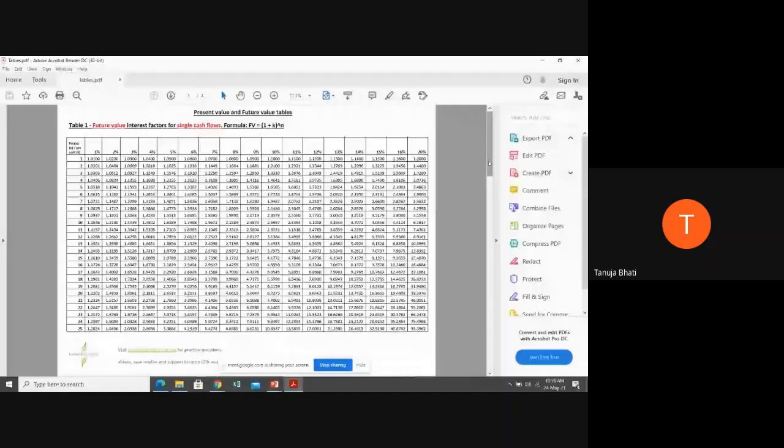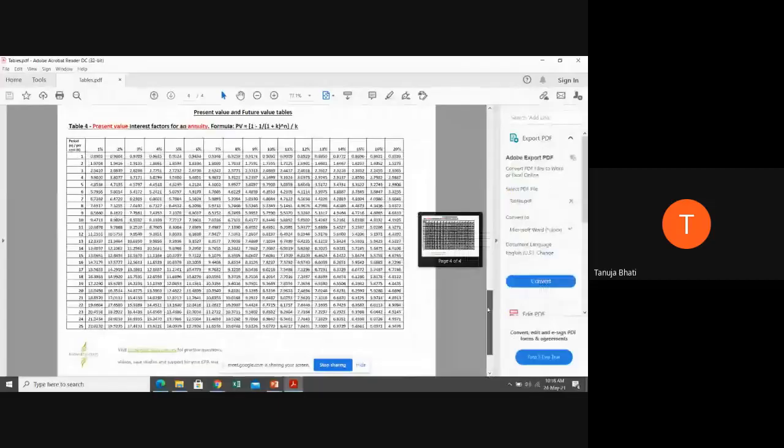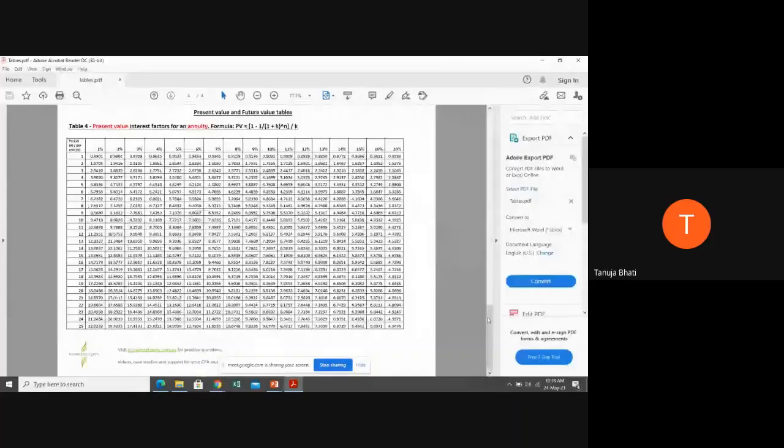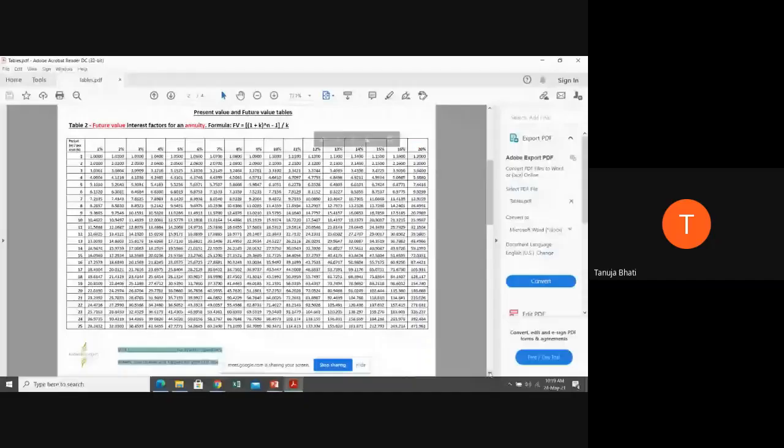As you can see here, this is table number 1, this is table number 2, table number 3, and table number 4.